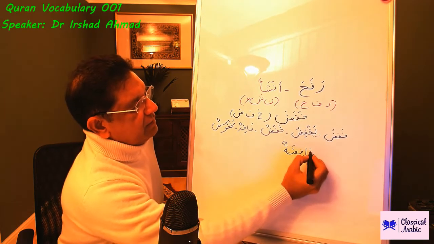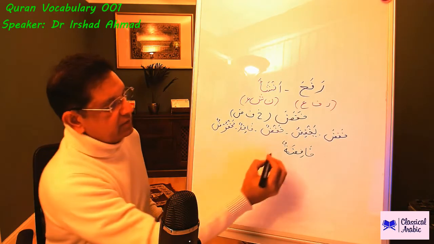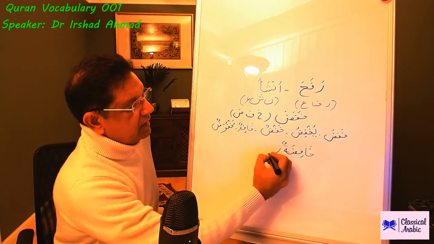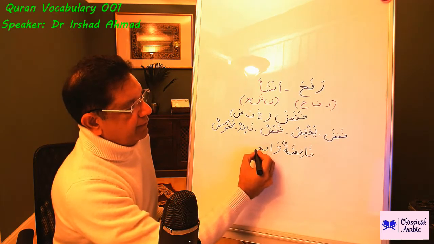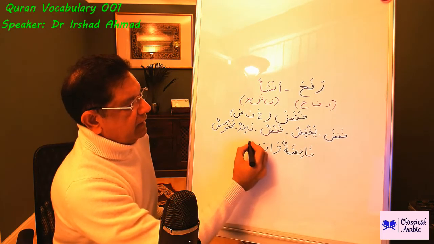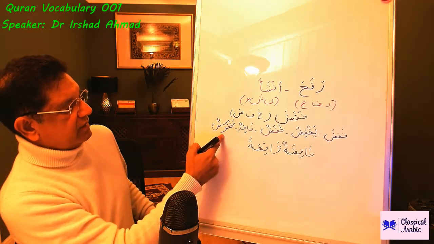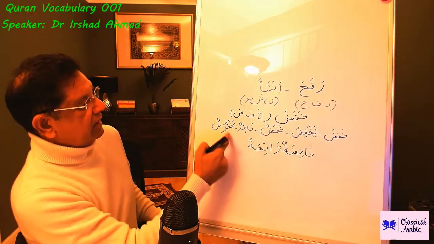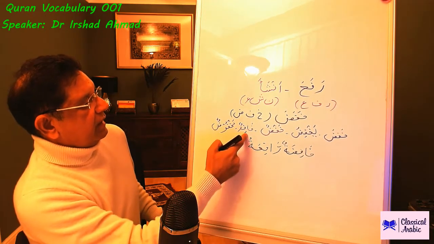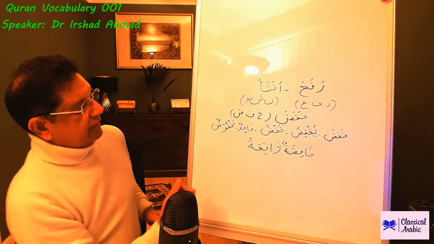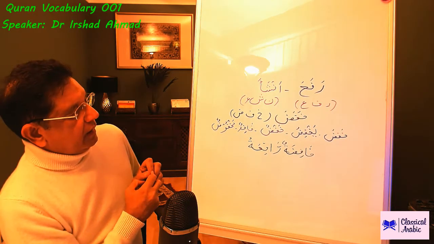Khafidatun, which when we read with tajweed we say khafidatur rafi'atun. Rafi'atun, both are feminine forms of khafidun, rafi'un. Here khafidun, rafi'un, that's Ismul Fa'il and Ismul Maf'ul.